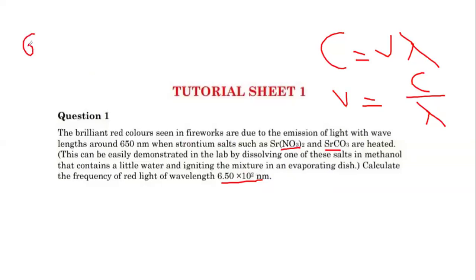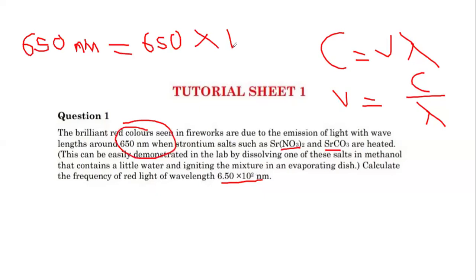We have been given 6.50 times 10 to the power 2 nanometers, or we can just use this value here, 650 nanometers. We have to convert it to meters. So how do you convert this? We'll just say the same number multiplied by 10 to the power minus 9.